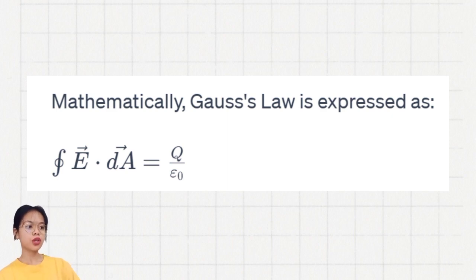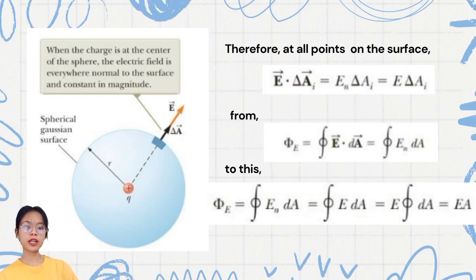First, you can look at the figure now showing on your screen and follow my explanation. Let us consider a positive point charge, represented by small letter q, located at the center of a spherical surface of radius r.